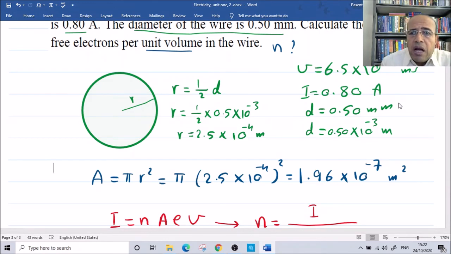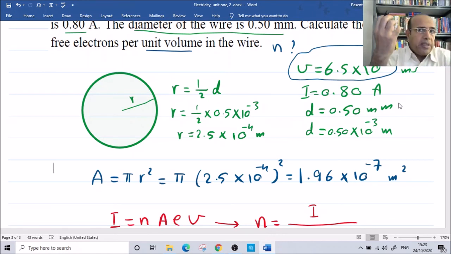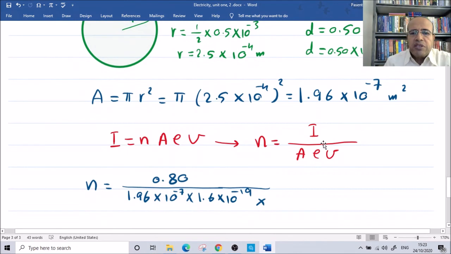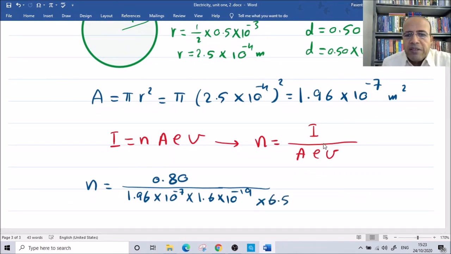One comment about this velocity. The drift velocity is very small. Why? Because, as I said before, the free electrons inside the conductor collide with the atoms of the conductor. So it is very small, in this question 6.5 times 10 to the power negative 4.